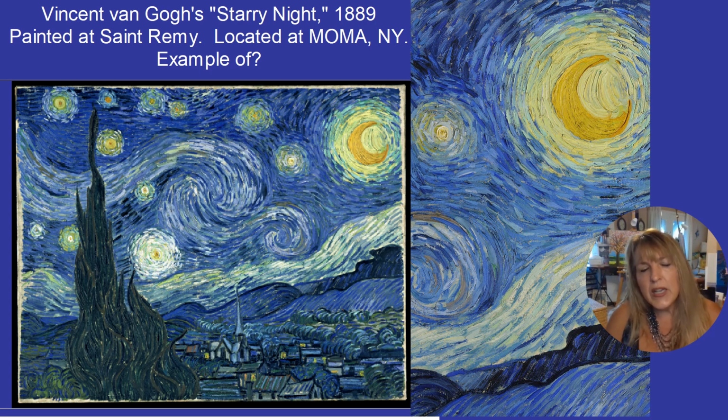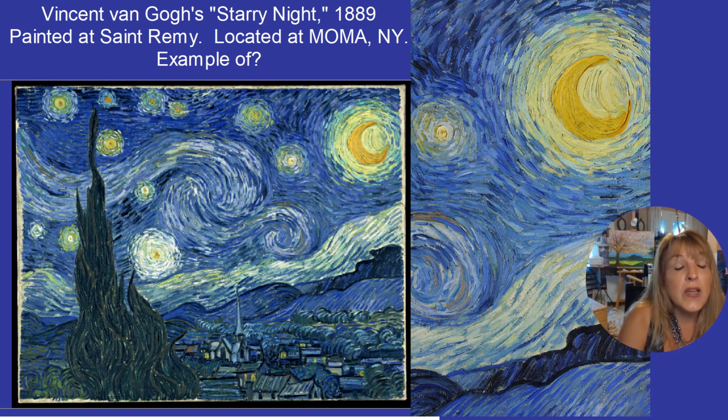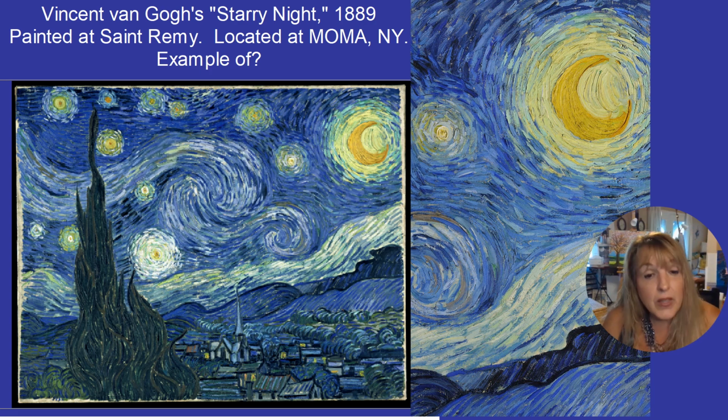So yes, it does show the turbulence of his emotions, but I think he's also looking at this gorgeous night view. Now, there's some thought that all this bright yellow sparking was actually from some of the medications that he was on. So is it possible? Certainly.